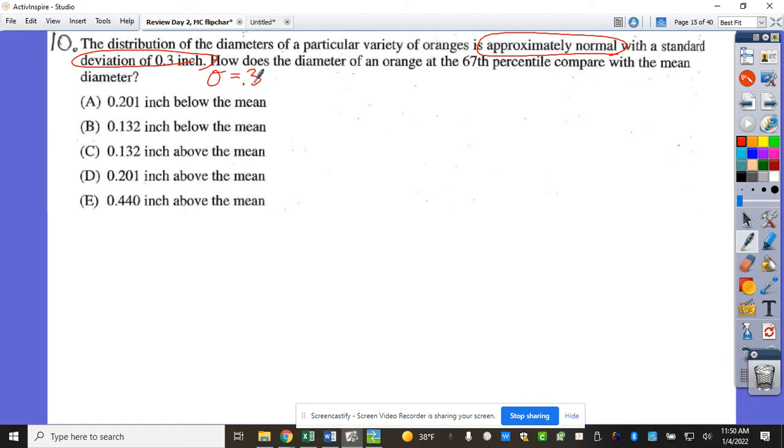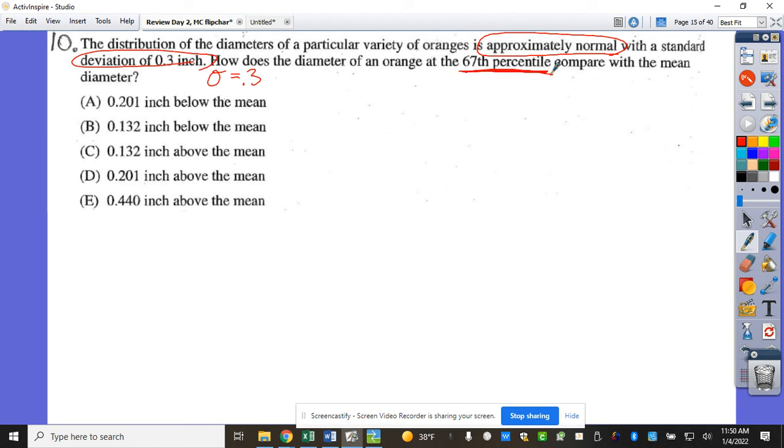How does the diameter of an orange at the 67th percentile compare with the mean? You should be able to never do any math at all and narrow this down to 3 answer choices very, very quickly. What does that mean? Above 50%. You're above the 50th percentile.